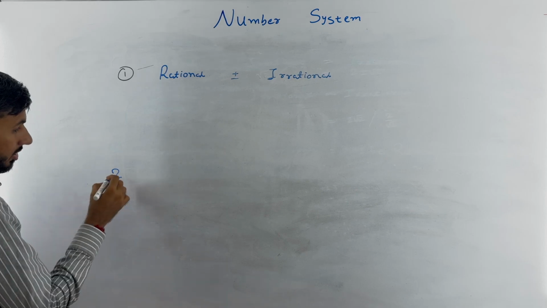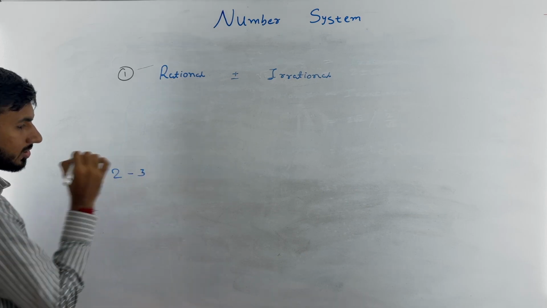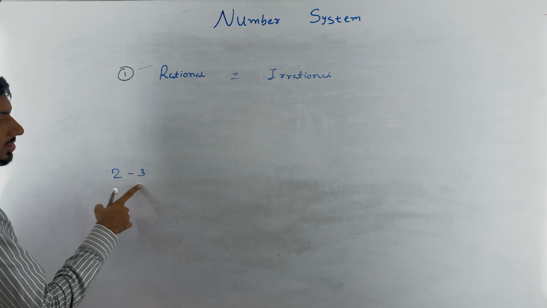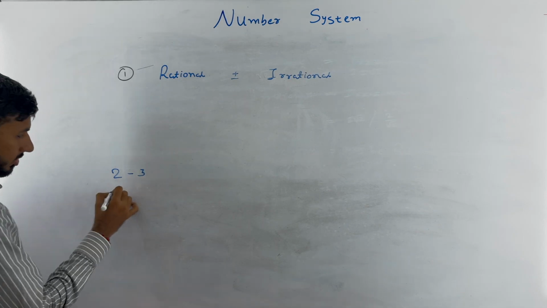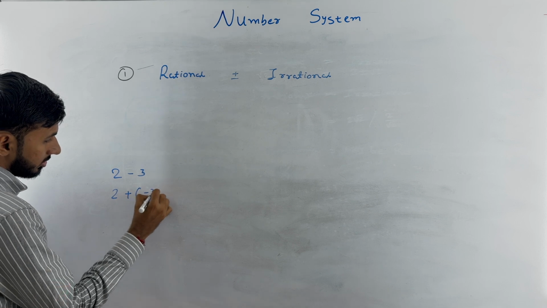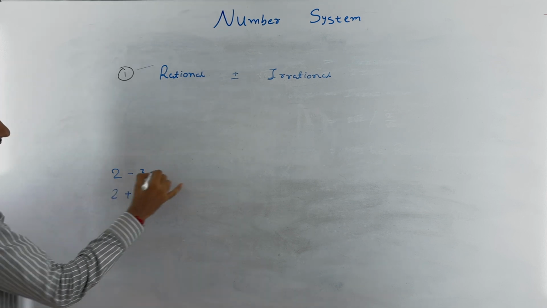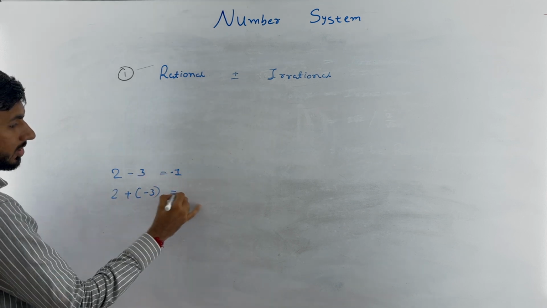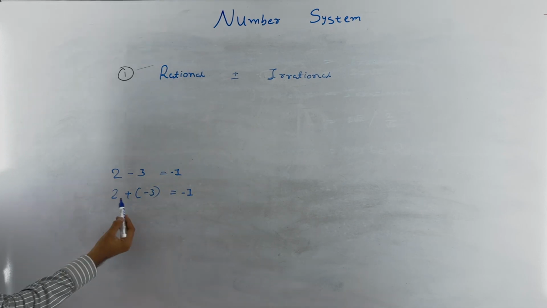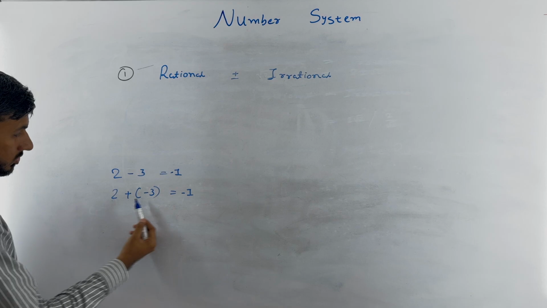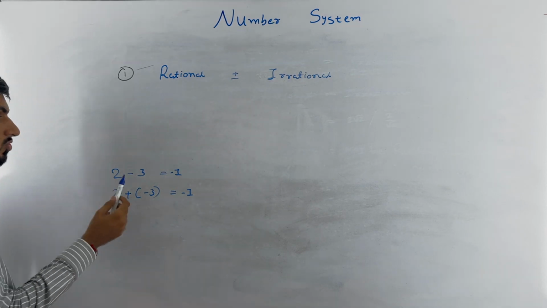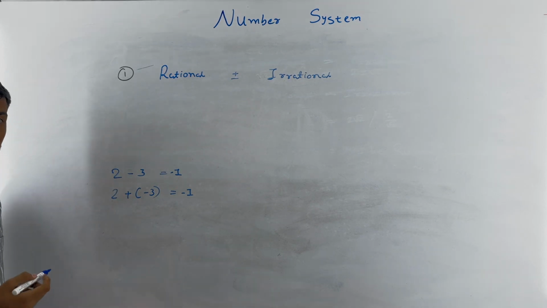Like I have written 2 minus 3, right? This is a case of subtraction. Now if I want to write it in the form of addition, I can write it like this, right? The answer of the first is -1, the second is also -1, but it is in the form of addition where I have added two numbers, first is 2 and second is -3. So I can write subtraction in the form of addition.